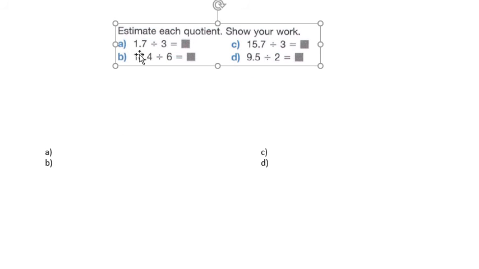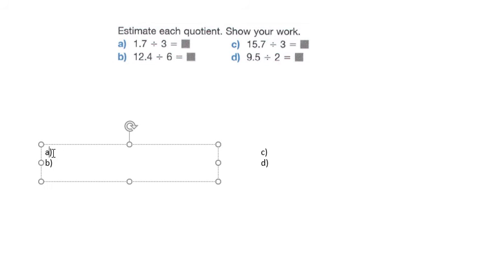A asks 1.7 divided by 3. So this is asking for an estimate. If we're estimating, we want to get a number that's very friendly. So what is a number that we can easily divide by 3? Just think of a regular whole number. We can divide 3, 6, 9, 12, 15, 18, 21, 24.